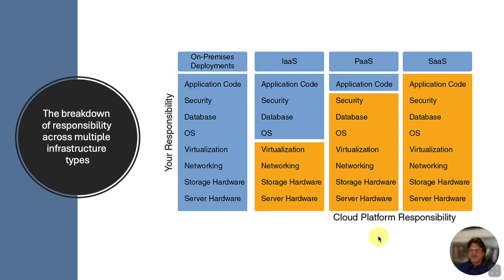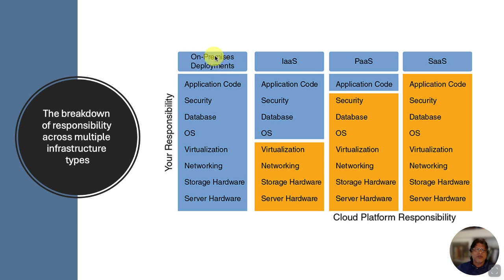Before we go on to one more service that it offers, let's look at the breakdown of responsibility across multiple infrastructure types. Now, you may have been used to on-premise deployments, if you're new to the cloud.